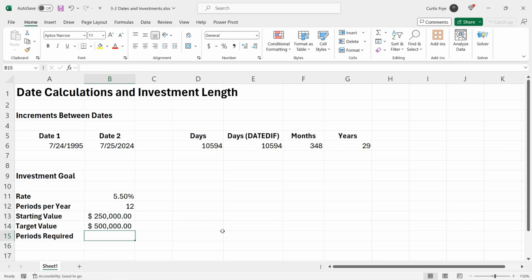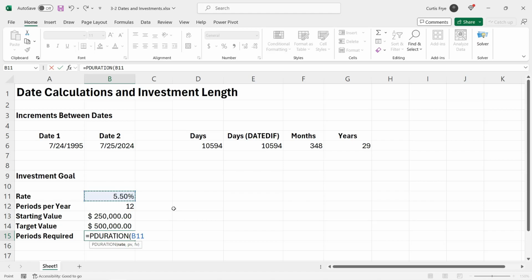So let's go ahead in B15 and create the formula that we need. So I'll type equal. The function you'll use is PDURATION, and that is the number of periods required to reach a goal. So we have the rate, that is in B11, but remember, we're dividing it by the number of periods per year, and that is in B12.